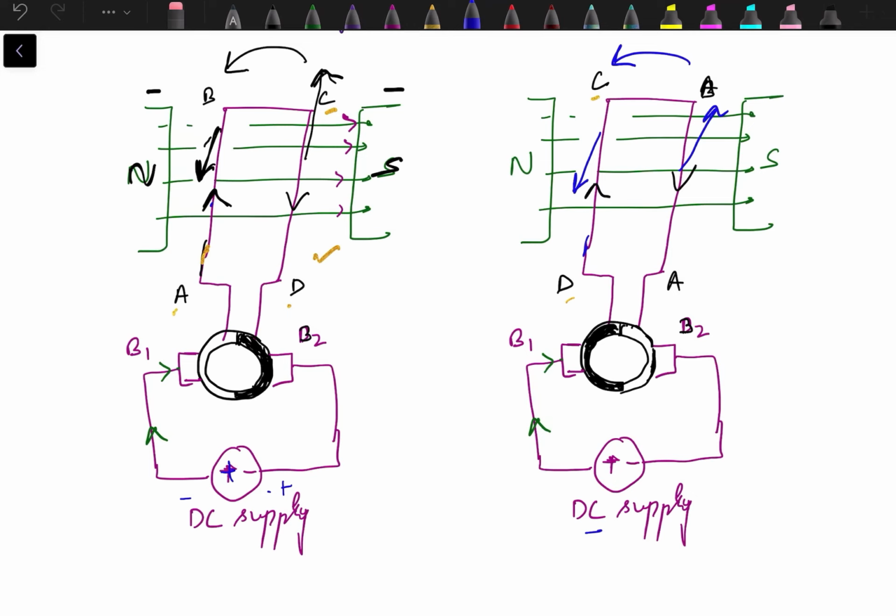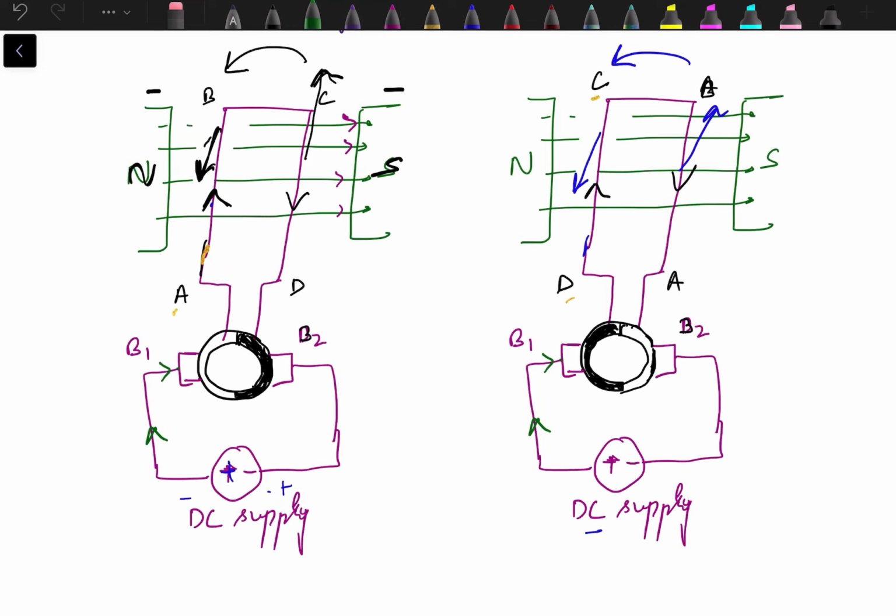Now, what is the magnitude of that induced EMF in case of generator, that we can find out from the EMF equation that I will discuss in the next video. Also, what we can see over here is that once the motor starts rotating, whether in this position or in this position, the conductor is rotated through a stationary magnetic field.